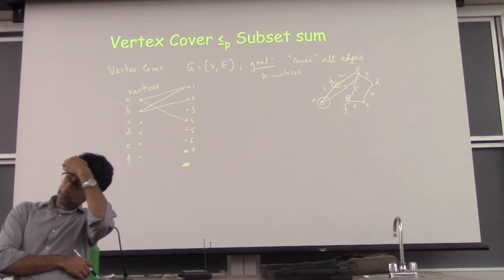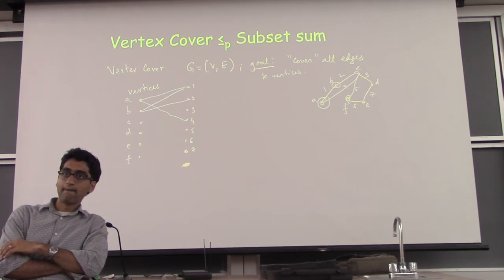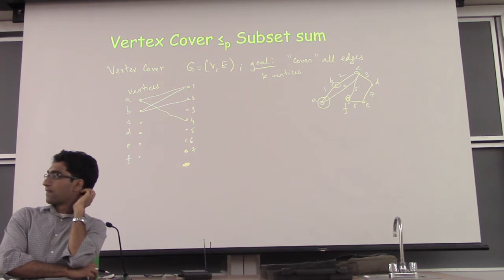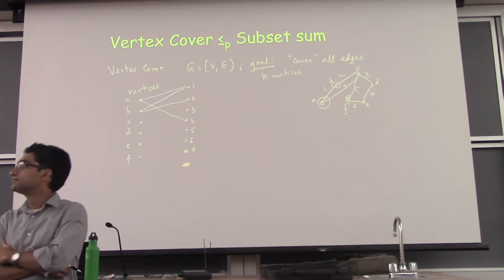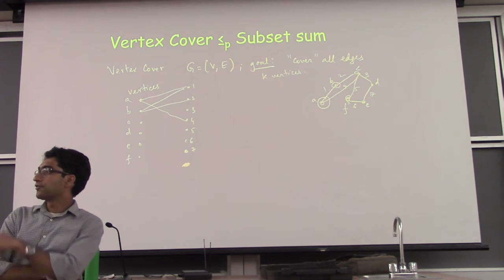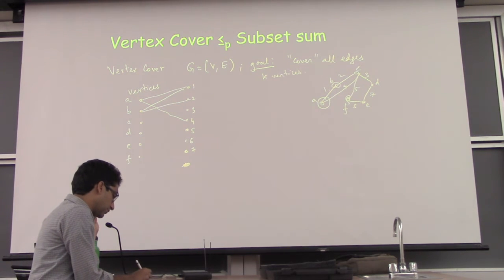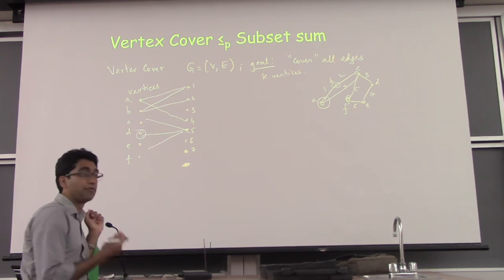So in this language, how would you phrase it? So there would be a subset of the vertices of size K such that there's a vertex bound to every edge. Yeah. So for every edge, so for every vertex on the right, okay. So you want to be able to have at least one of these things on the left picked, right?